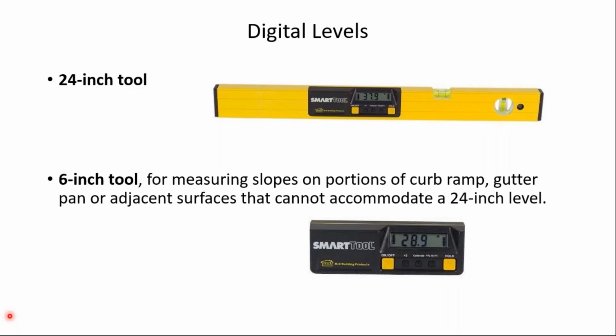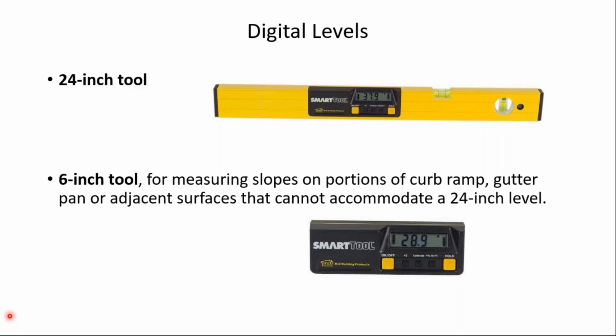The other reason, I think, is that if your agency is ever involved in an ADA lawsuit or claim, if the Department of Justice or Federal Highway Administration would come to town to begin their investigation, they will be using 24-inch levels. So it might not be a bad idea to use the same type of device that investigators would be using.